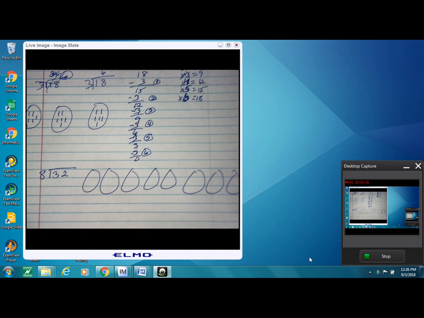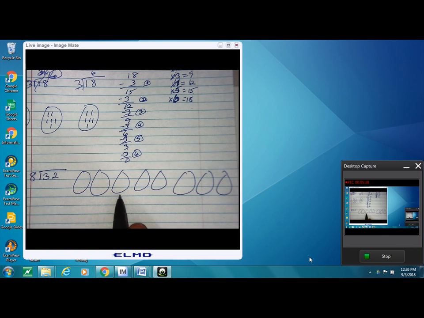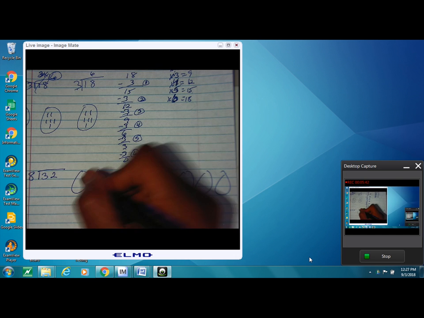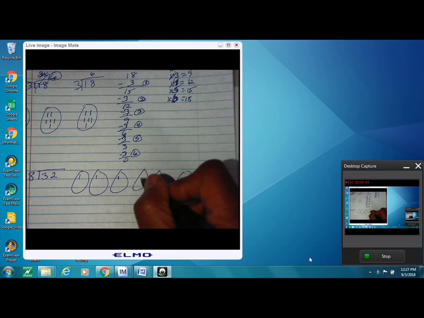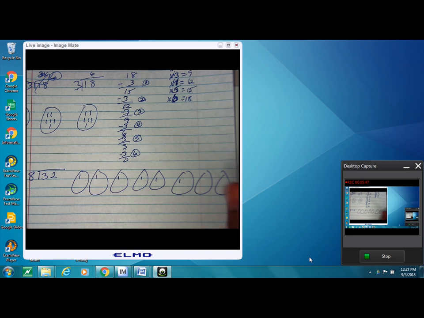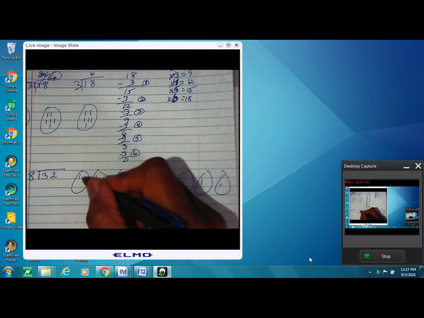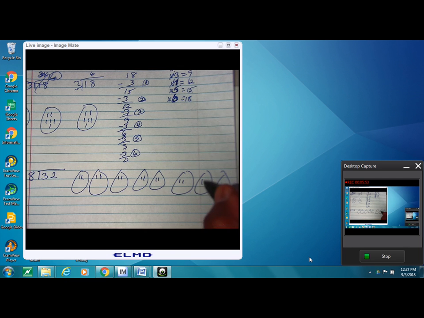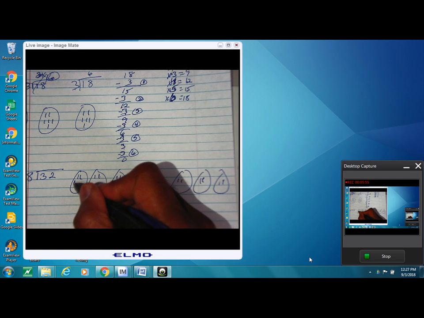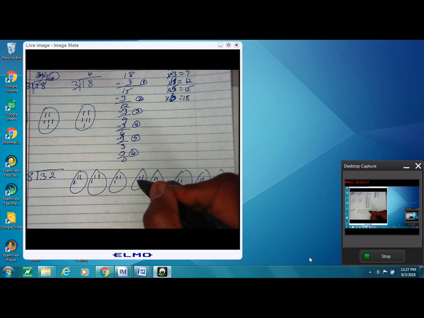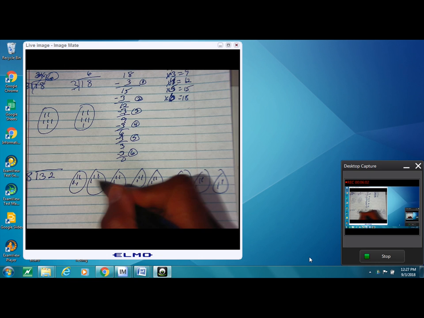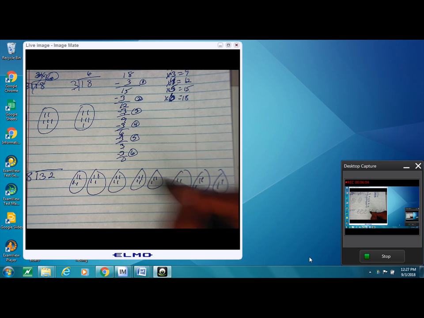And you can give each circle a tally mark until you can go evenly. 1, 2, 3, and so on up to 32.